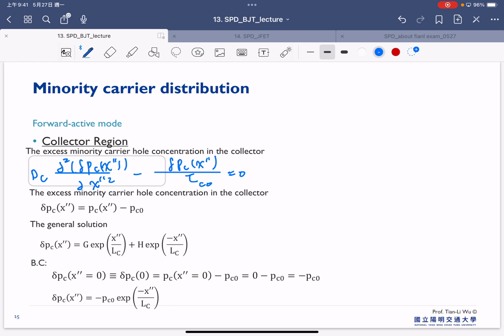So basically we do a very similar calculation in the base region, the emitter region, and the collector region.